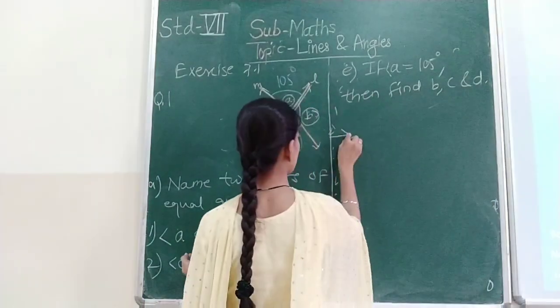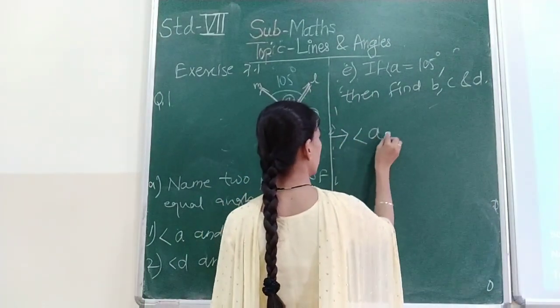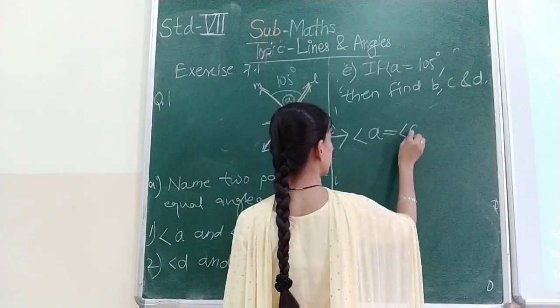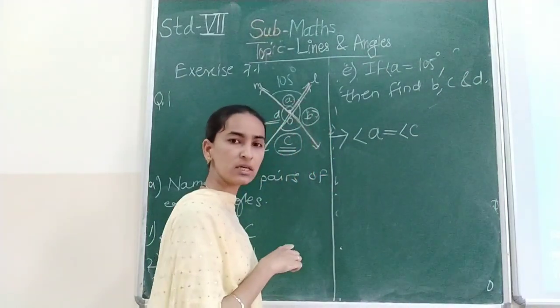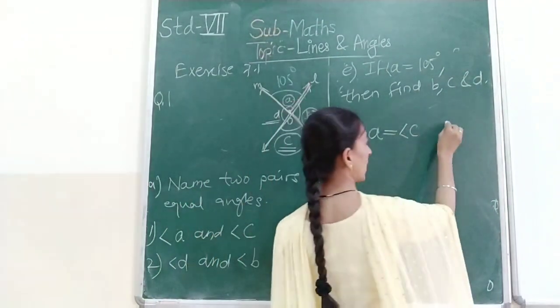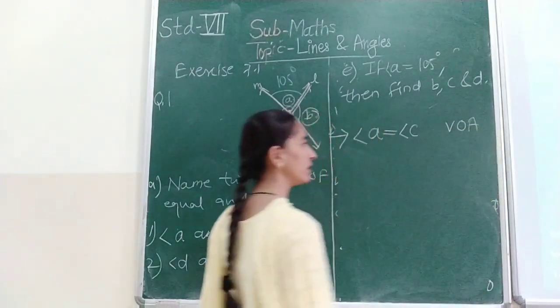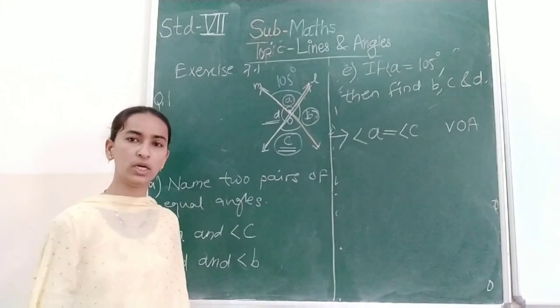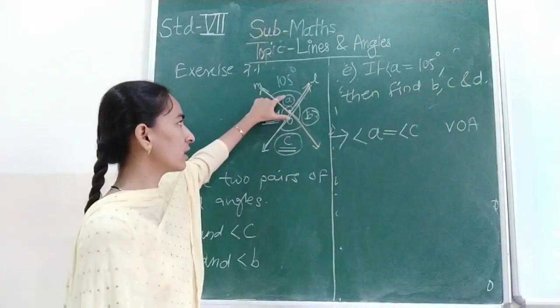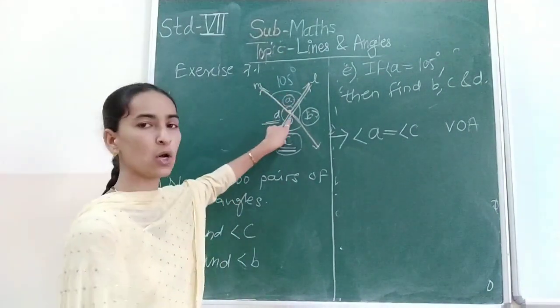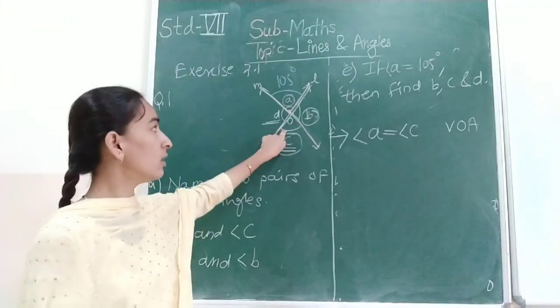So write here the answer: angle A is equal to angle C. And why are they equal? You have to write the reason. They are vertically opposite angles. So write here VOA, because vertically opposite angles are always equal.